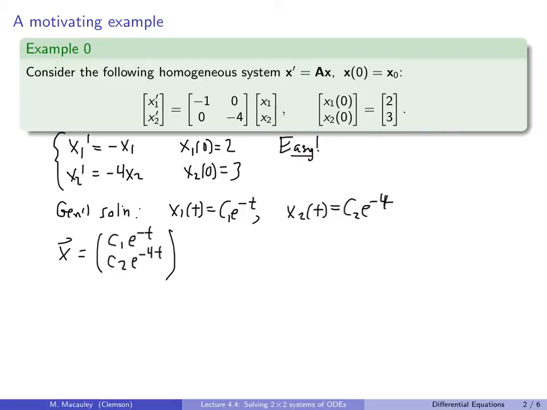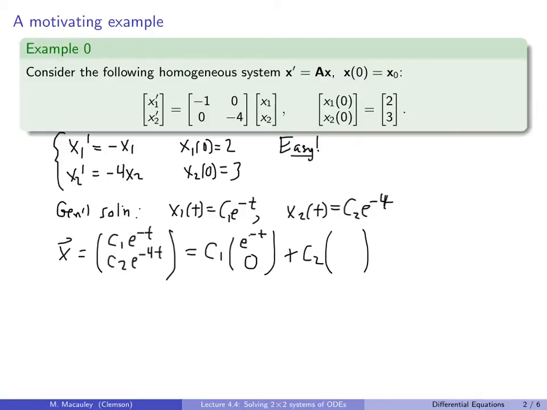And now let me show you something. You may not see why I'm doing this, but you'll see shortly. Well, I certainly don't have to, but I want to show you some intuition. I can split this up into two parts, one of them involving c1 and one of them involving c2. So I'm going to write this as c1 times something plus c2 times something else.